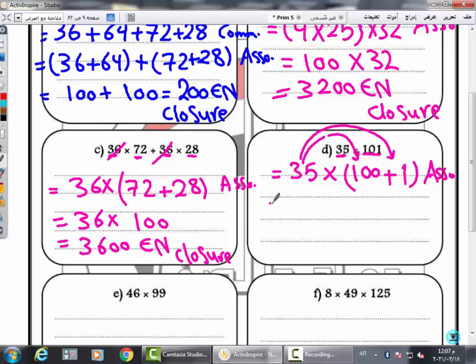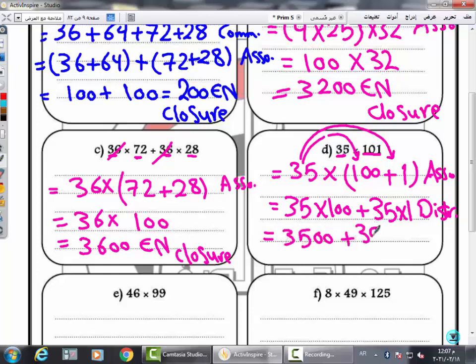The result will be 35 by 100 plus 35 by 1. This is called distribute. We get 35 by 100 equals 3,500, plus 35. The result will be 3,535, which belongs to natural. This is called the closure property.